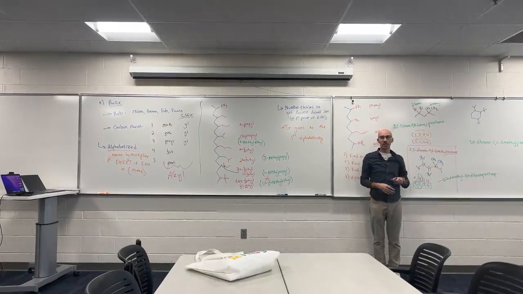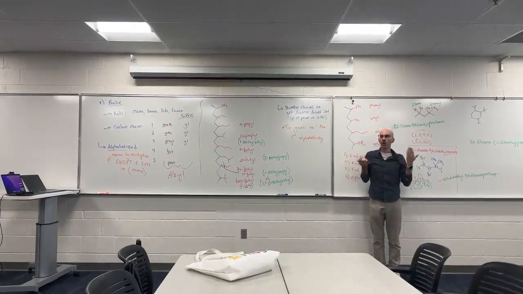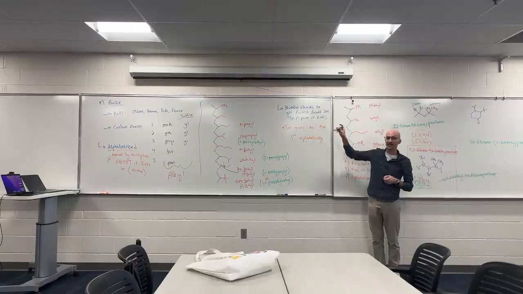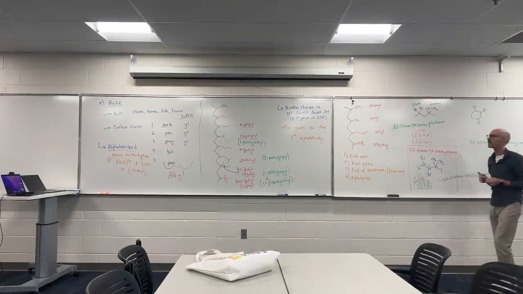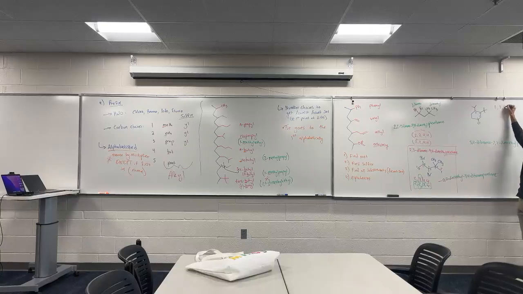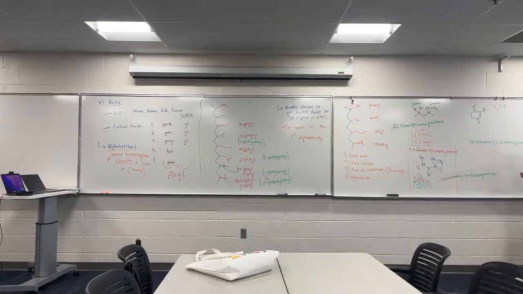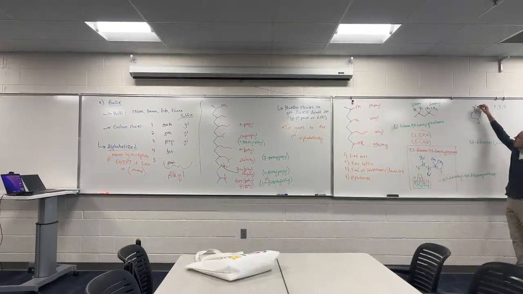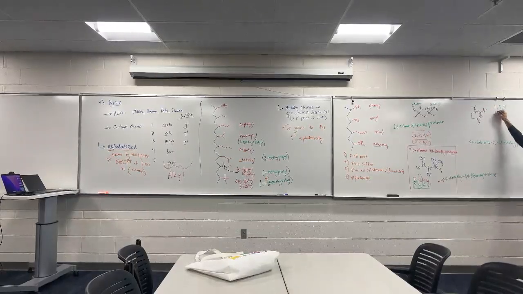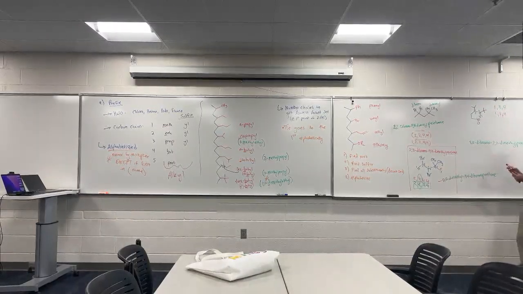So where should I start numbering this? What are the possible lowest locant sets that I could look for? I could start at chlorine, and I could go counterclockwise. And I get a locant set 1, 3, 4. I could start at isopropyl, and I could go clockwise, and I could get a locant set 1, 2, 4.